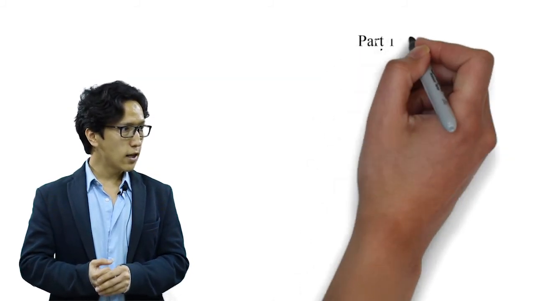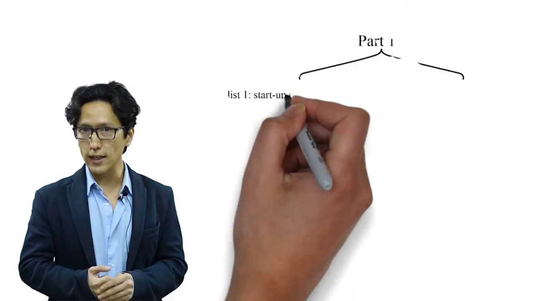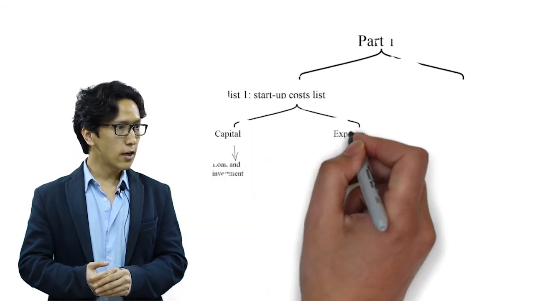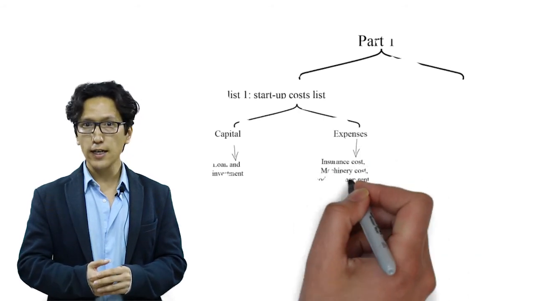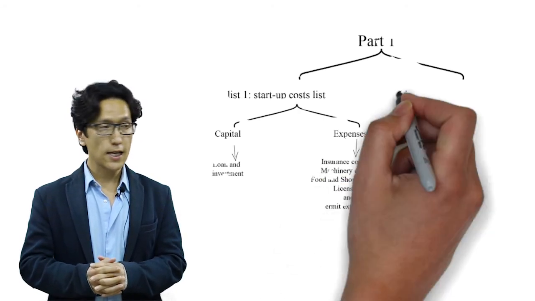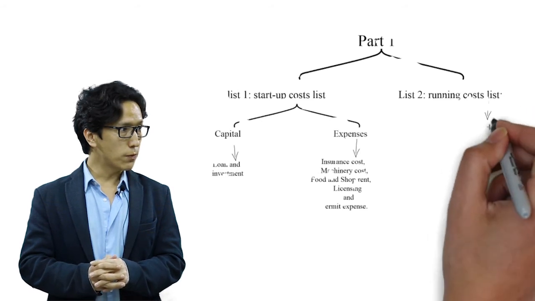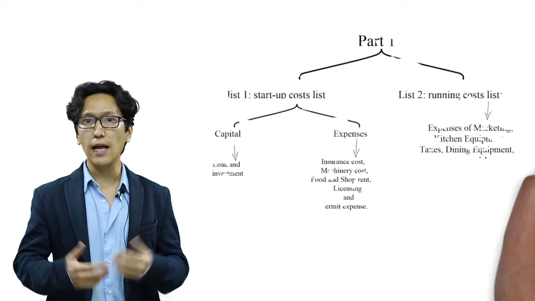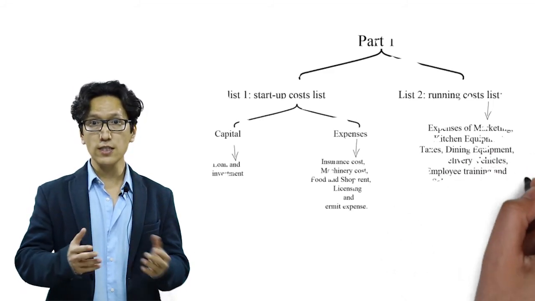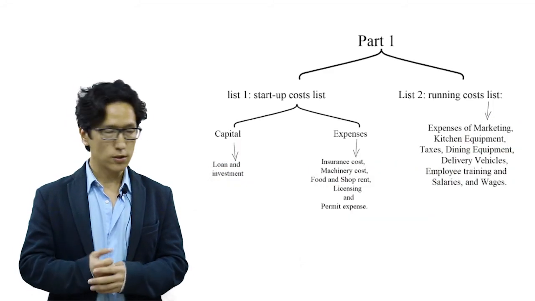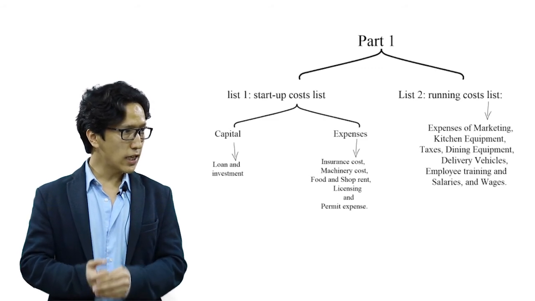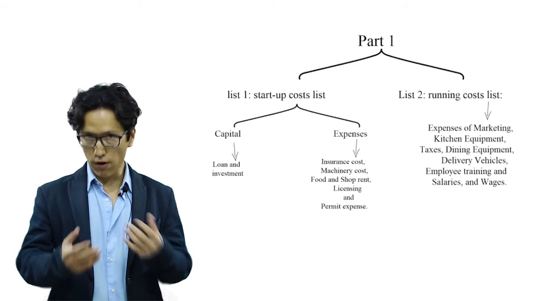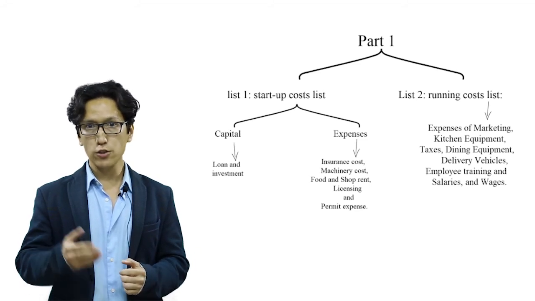So part 1, learners will have to produce 2 lists. List 1 will be a tabular format where you will be required to essentially list all the capital requirements. And in doing so, you will be expected to include things such as capital requirement, which is the capital outlay that you need in order to successfully start a restaurant. Now, in table 2, you'll have to include your expenses, which is your running expenses in order to manage your business.